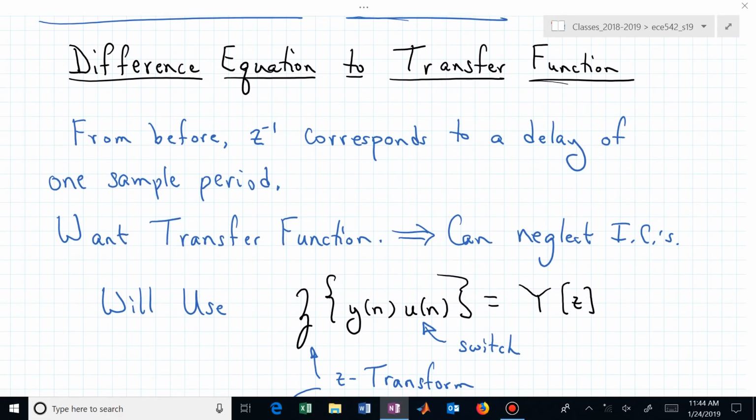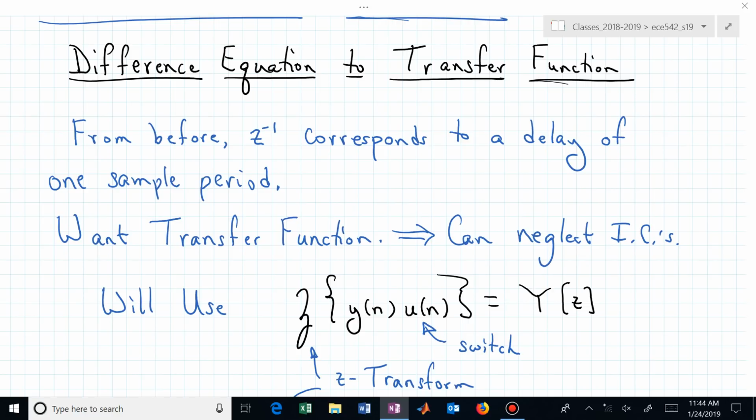Let's start though, or finish up, our relationship between different representations, time domain and frequency domain. In particular, for today we're going to look at going from a difference equation in the time domain to finding a transfer function in the frequency domain.